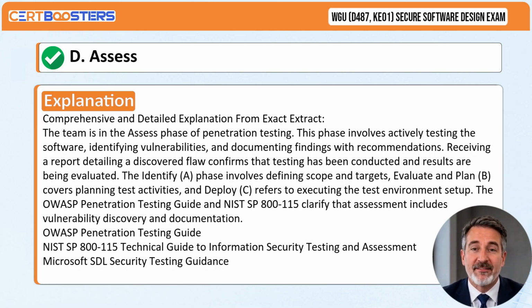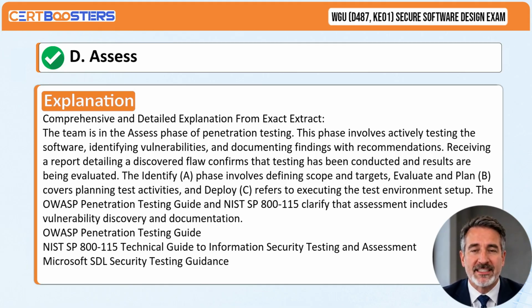The Identify phase, A, involves defining scope and targets. Evaluate and Plan, B, covers planning test activities. And Deploy, C, refers to executing the test environment setup. The OWASP Penetration Testing Guide and NIST SP 800-115 clarify that assessment includes vulnerability discovery and documentation.